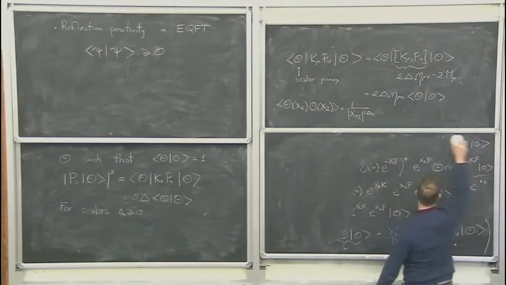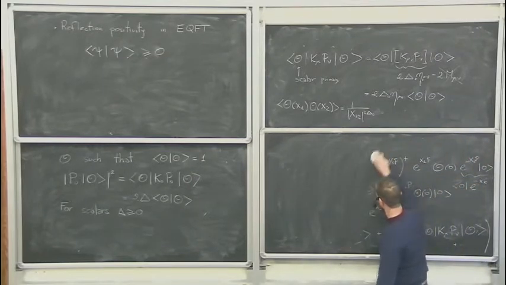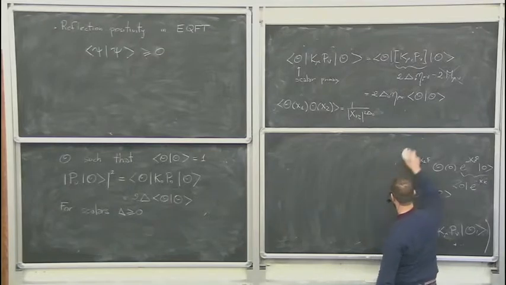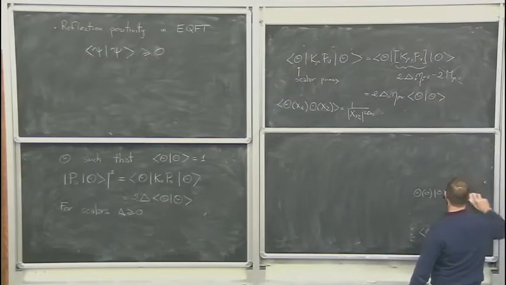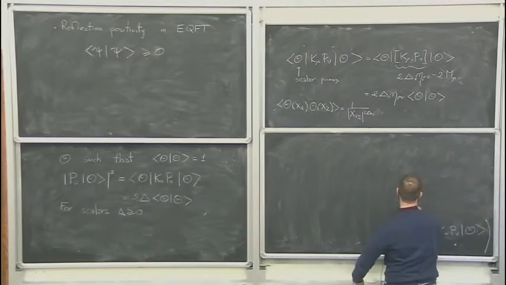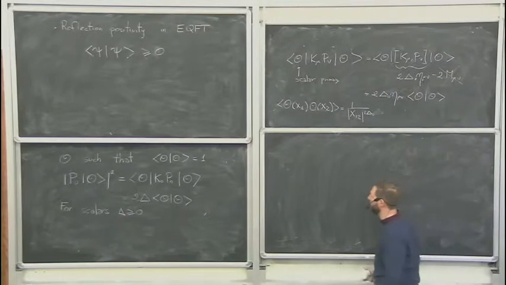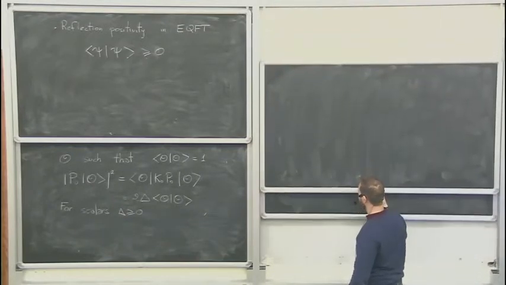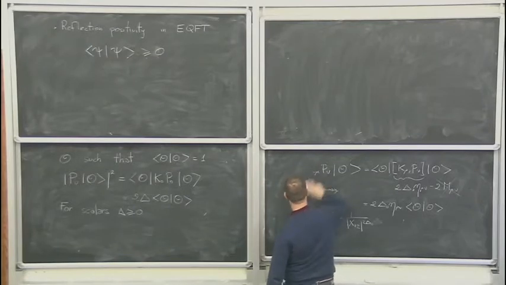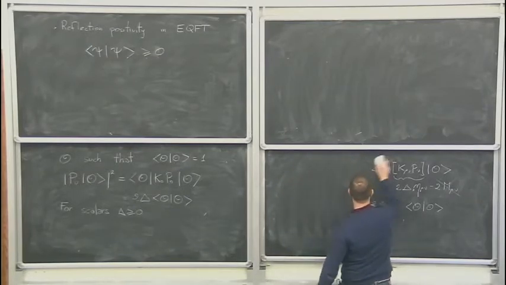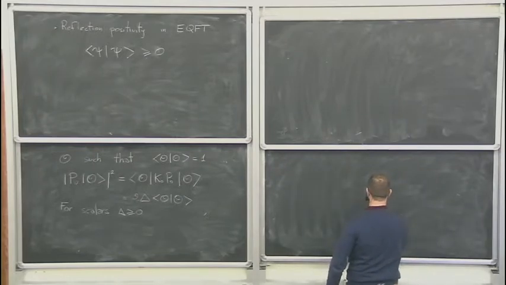So all the constraints come from inspecting the norm of the first descendant, except for scalars where you have to inspect the norm of the second descendant. And that I will not do. I'll leave it as an exercise.